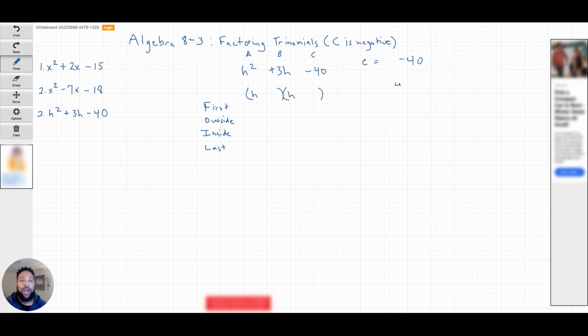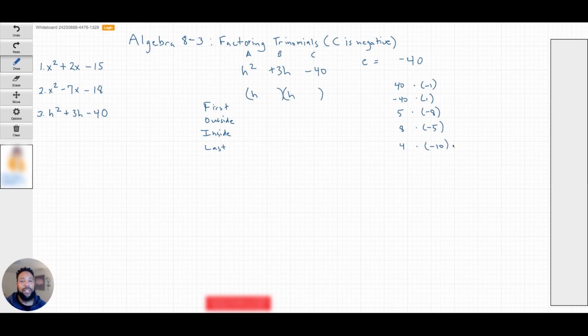We could try 40 times a negative 1, or negative 40 times 1. We could do 5 times a negative 8, or 8 times a negative 5. We could also do 4 times a negative 10, or negative 4 times 10.